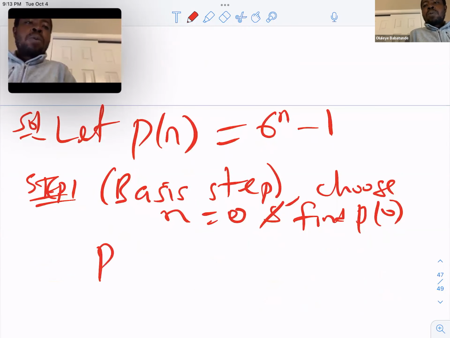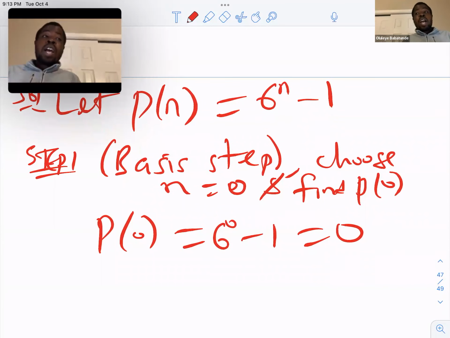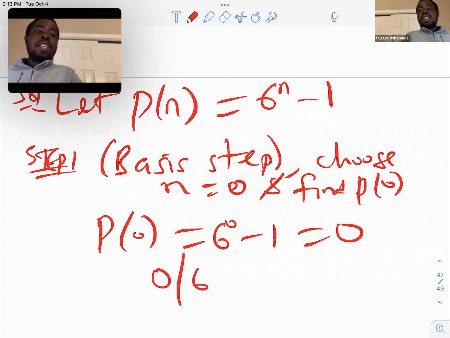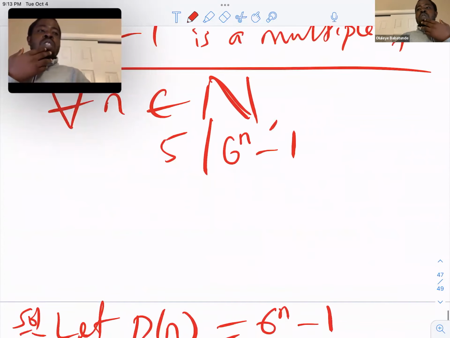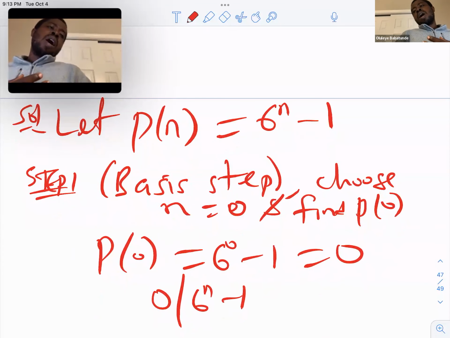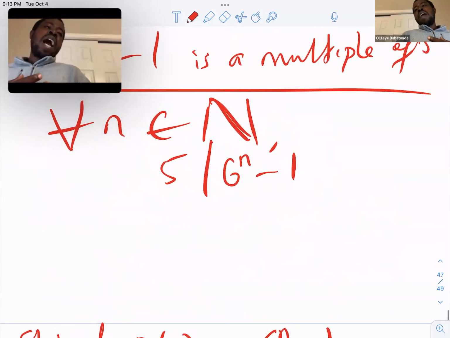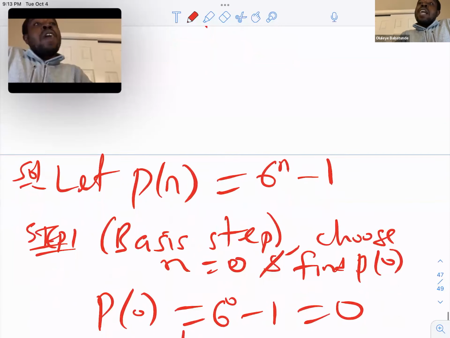So P of 0 is going to be 6 raised to the power 0 minus 1 equals 0. And we know this is very true, this is very trivial. 0 will divide any number. Of course, we know that 5 divides 0.